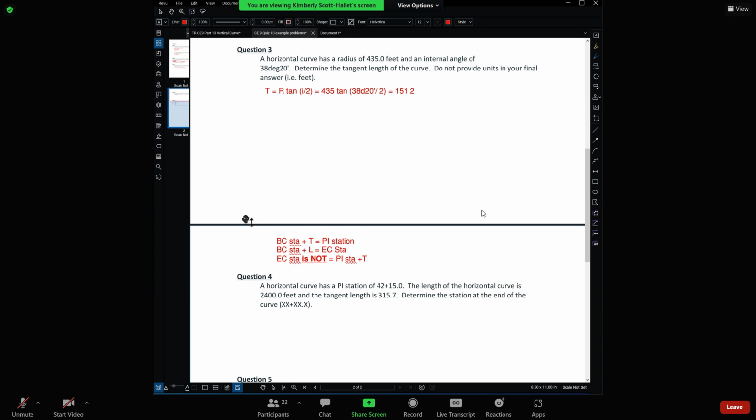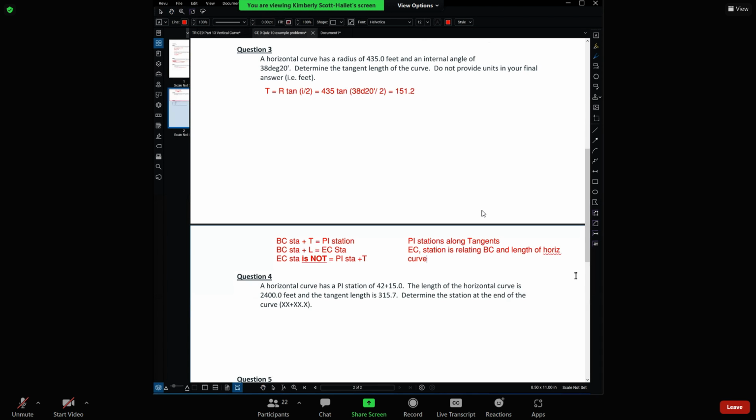And I think a handful of students, potentially more, took my PI station given and added the tangent length to get to the EC station. That is not the correct answer. So as a general rule, the EC station is relating the BC and the length of that horizontal curve.